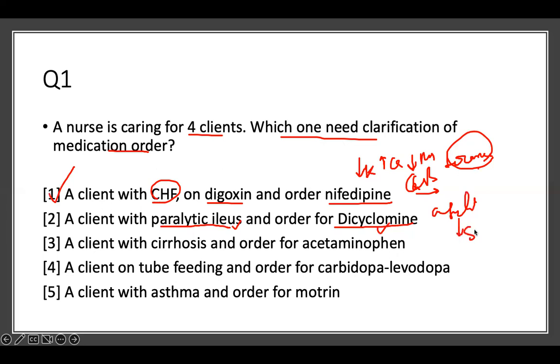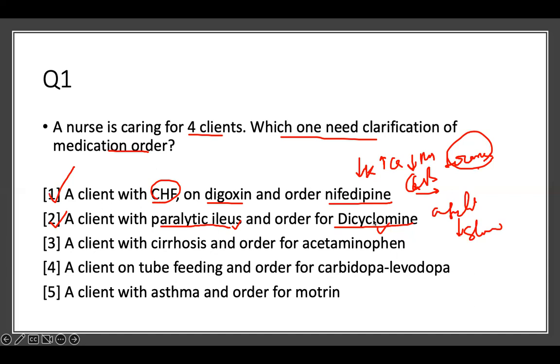It slows down the bowel, so it makes the patient constipated. The patient is already not moving the bowel, and if you give them dicyclomine, it's going to make it worse. Therefore, you need to clarify. One of the contraindications for dicyclomine is already having paralytic ileus or an obstruction, because it's an anticholinergic. It's going to worsen that.